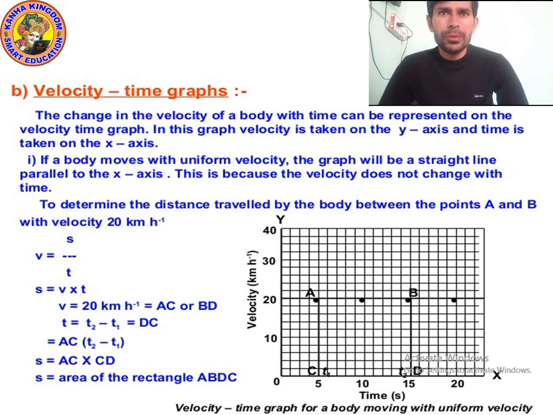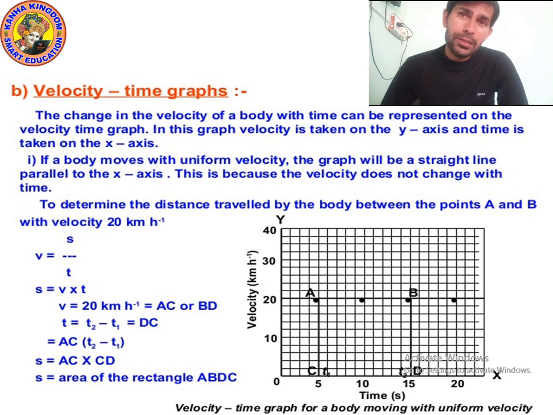So in the place of v, we will write AC. In the place of t, we will write T2 minus T1, and T2 minus T1 is equal to CD. So s is equal to AC into CD. Thus we get s is equal to the area of rectangle ABCD, which is AC into CD.